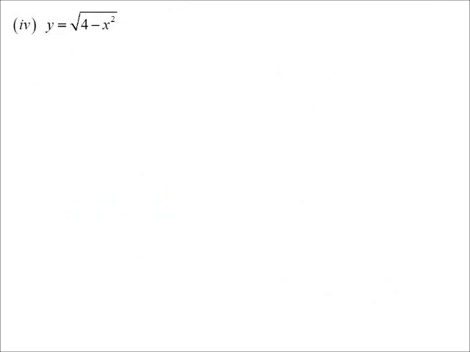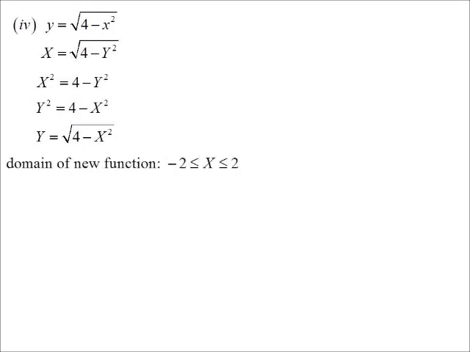Y is the square root of 4 minus x squared. Again, it's something I would hope we would look at and be able to go, oh, that's what the picture looks like, so bang, there's my domain and range. If we swap the x and the y's around, play around with it, make y the subject, I get the domain of the new function is x is in between minus 2 and 2. But hang on a sec, and this is where it doesn't necessarily work.